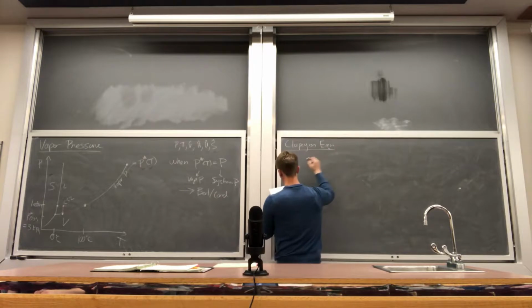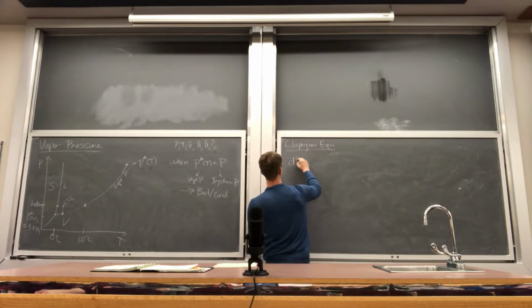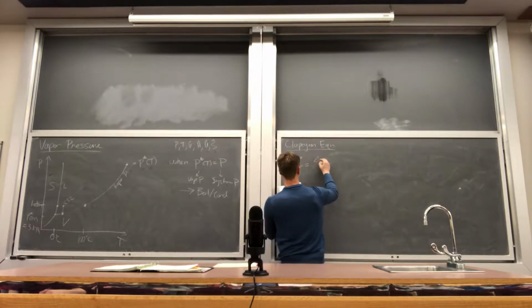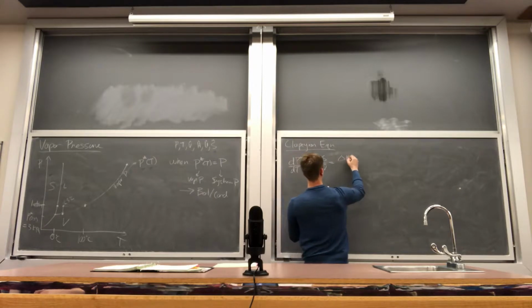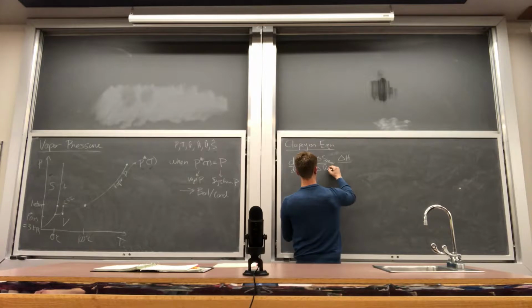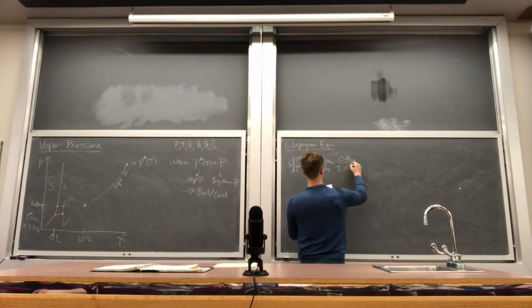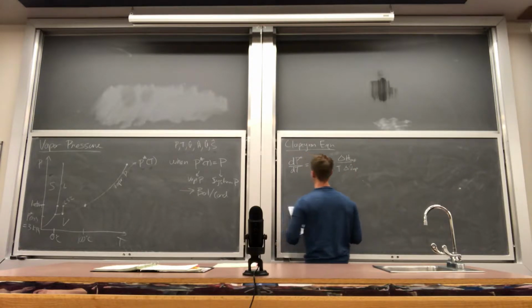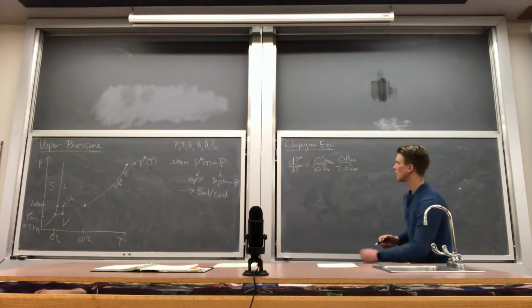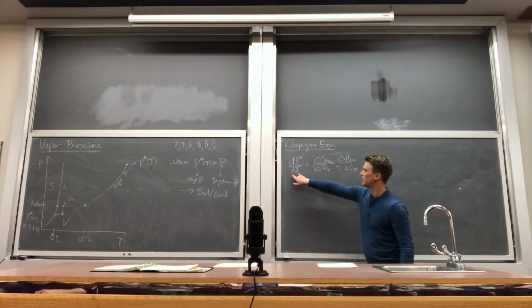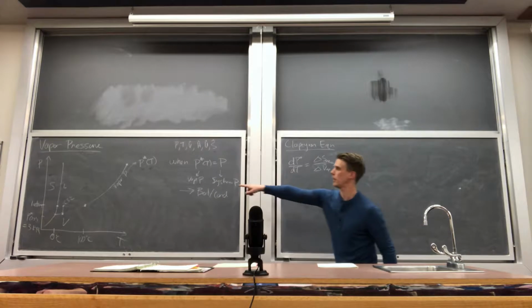So the Clapeyron equation says that dP star/dT, this is the slope of the vapor pressure curve that we've drawn here.